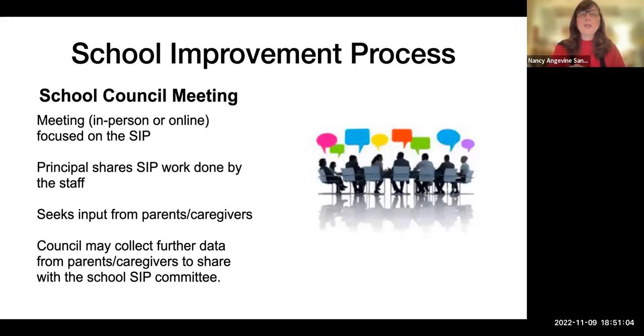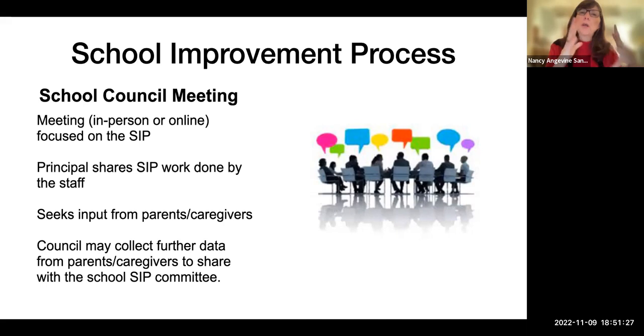Now, where listening circles and open forums were to be run by the principal or his designate or the teachers, the school council meeting is the responsibility of the school council to host. The meeting can be in person or online, and it should be focused on the SIP.